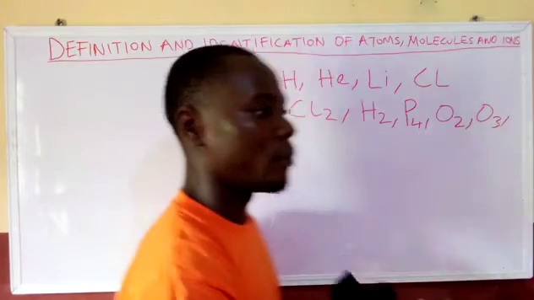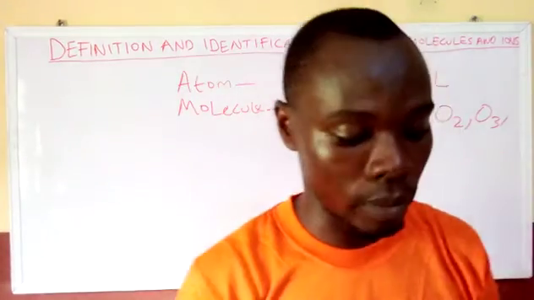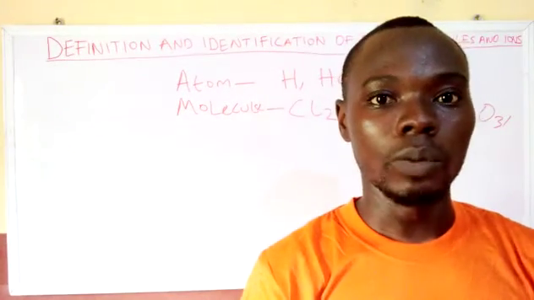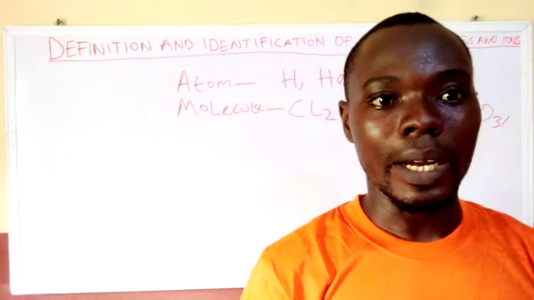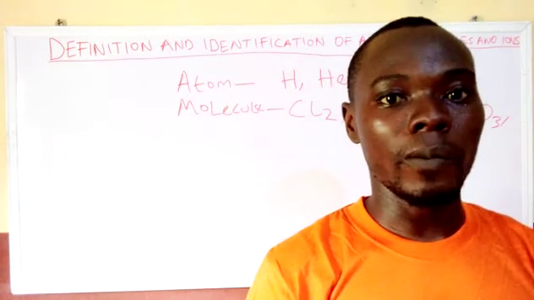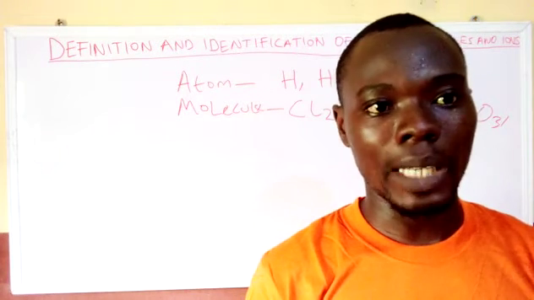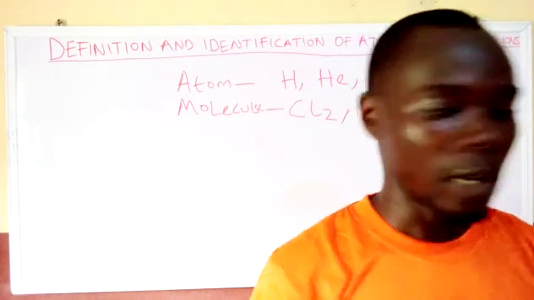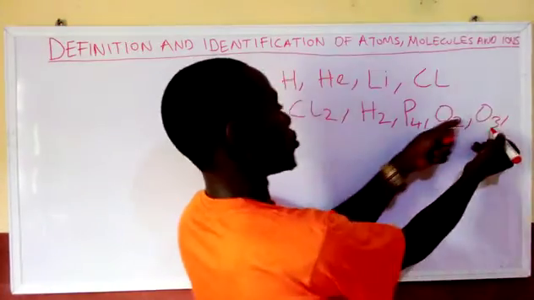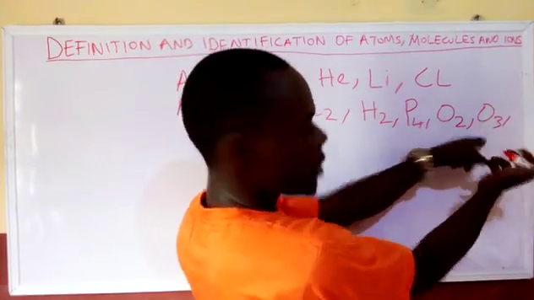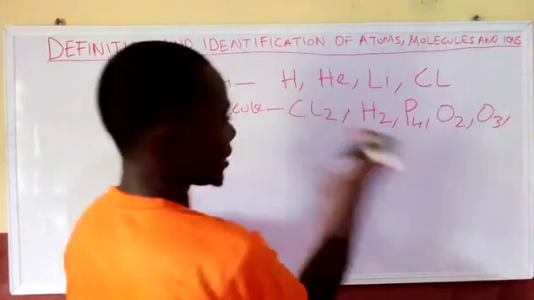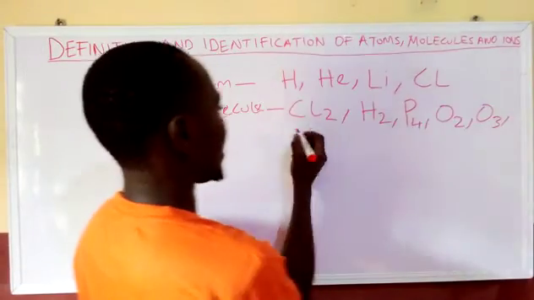Now I would quickly like to emphasize something before I continue: some molecules can be made up of the same atoms or different atoms. For example, a molecule of ozone is made up of 3 oxygen atoms, the same atom. Now look at another example, a compound like CaCO3.